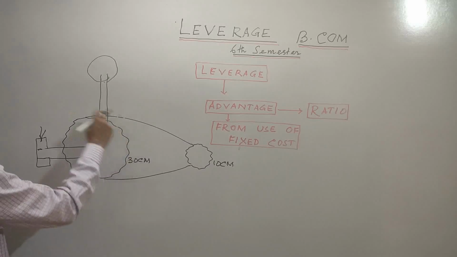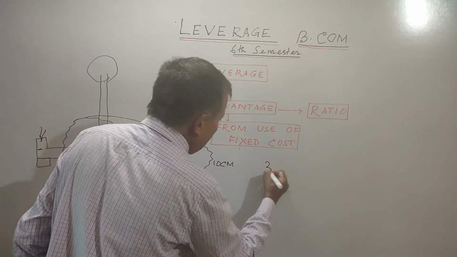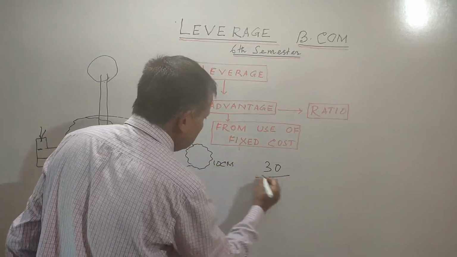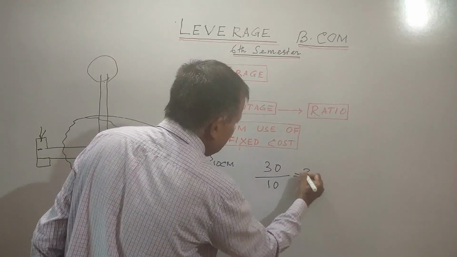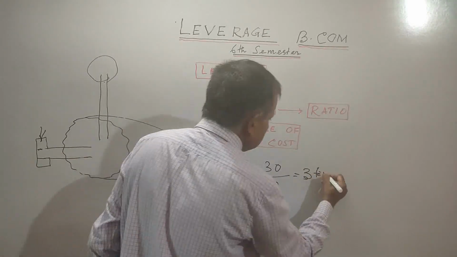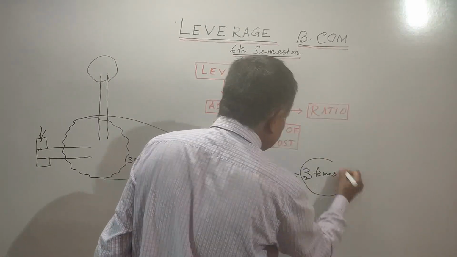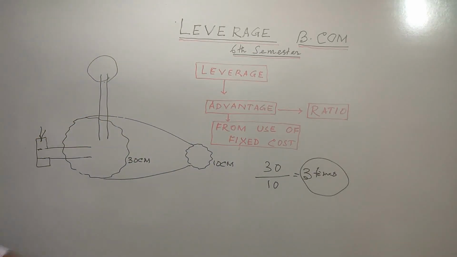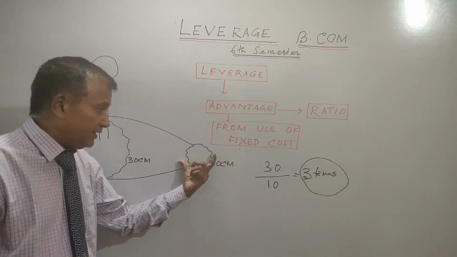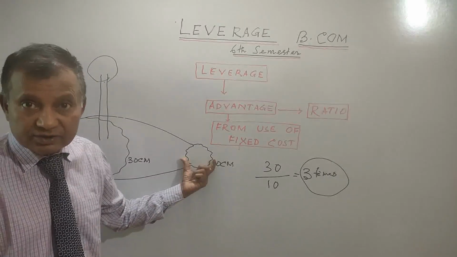So moving this one once, this will move 3 times. So this is an advantage, because we are inputting force here, we are inputting cost here, and we are getting the revenue 3 times.